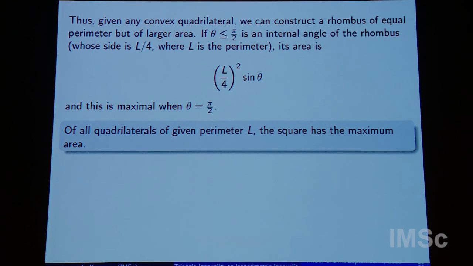Not just rectangles as it was shown this morning, but you take any quadrilateral, fix the perimeter, then the square has the maximum area. So for triangles, it was the equilateral triangle. For quadrilaterals, it's the square. So what do you think is the obvious answer for the n-sided? Regular polygon. Okay.